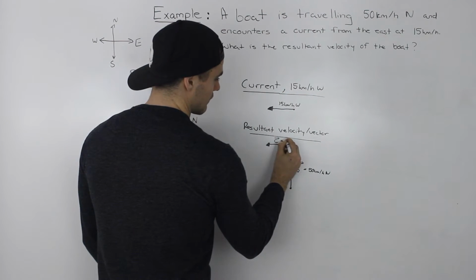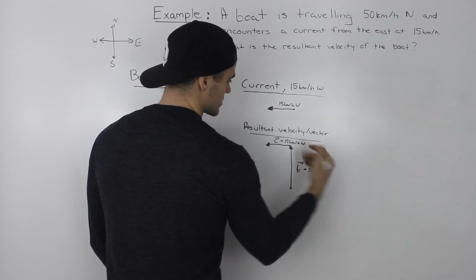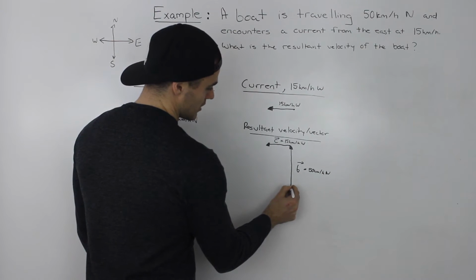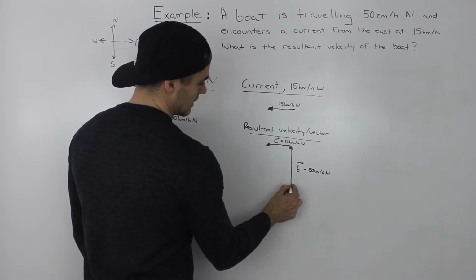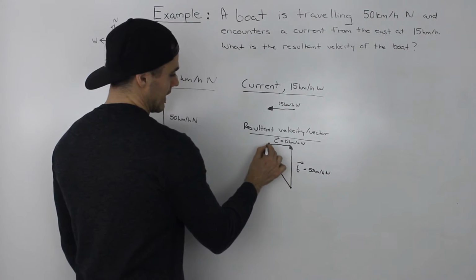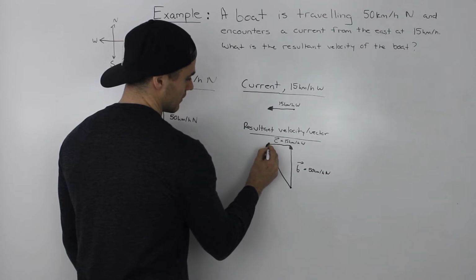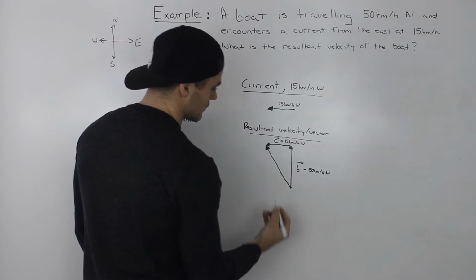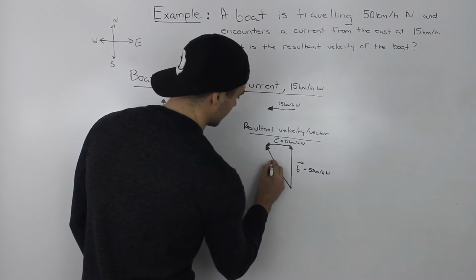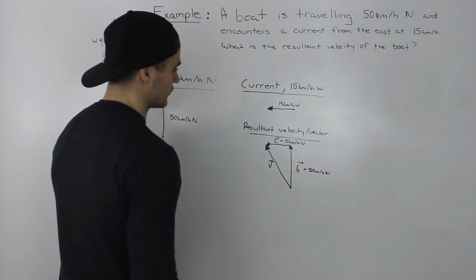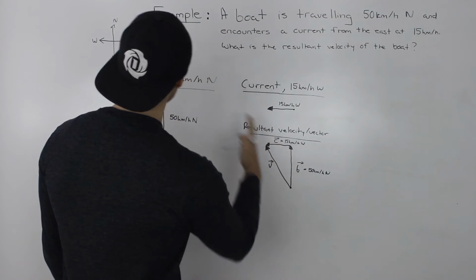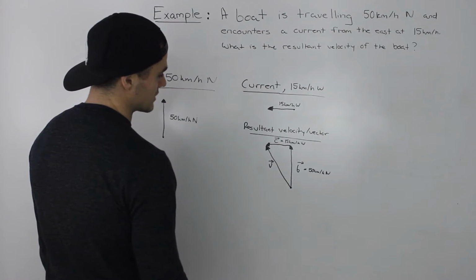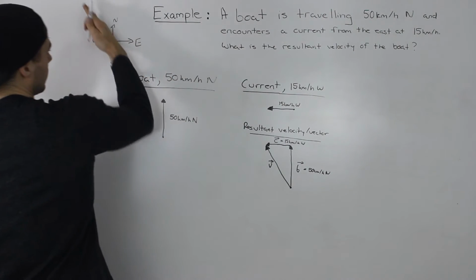The current is going at 15 kilometers per hour west, coming from the east. The resultant vector we draw by starting at the tail of the first vector and ending at the head of the second vector. This is our resultant vector, or the resultant velocity of the boat, and let's call this V. So the boat is going in somewhat of a northwest direction. We don't know the exact direction yet, but approximately it's going to be going this way.